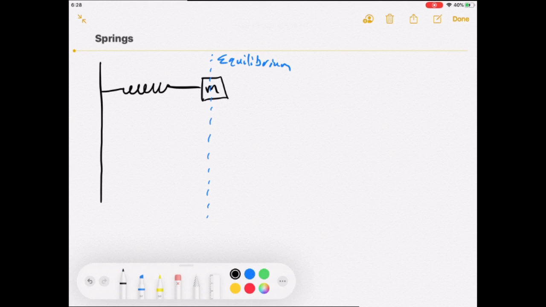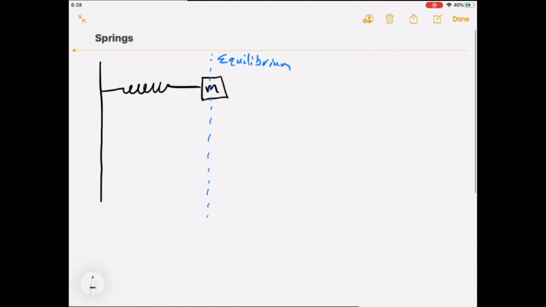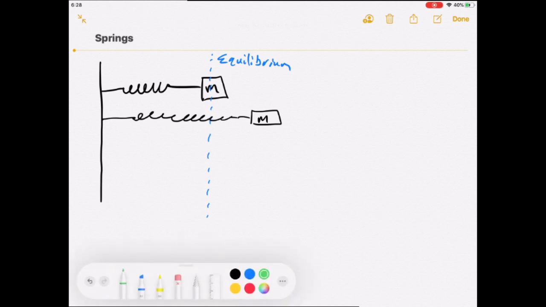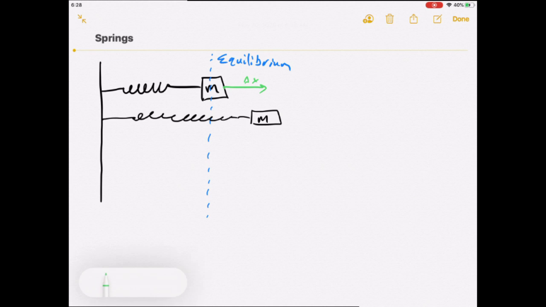But if I stretch the spring a little bit, a stretched spring is like this. And there's my mass. So I've now stretched this spring by some delta x. And the spring acts to apply force this way, right? That's my spring force. All right.